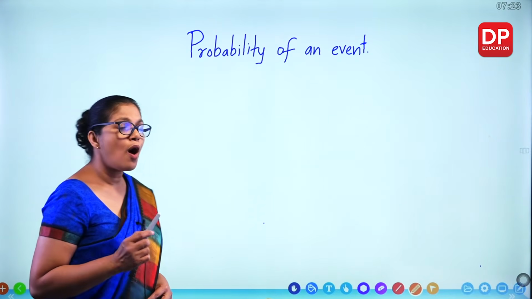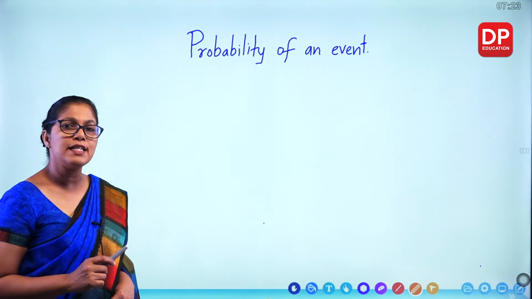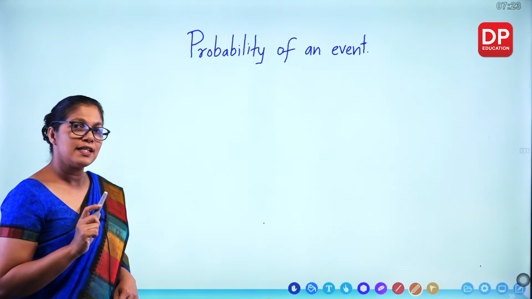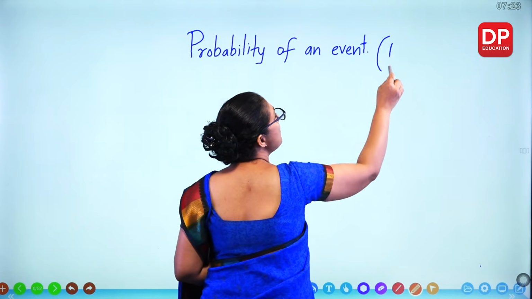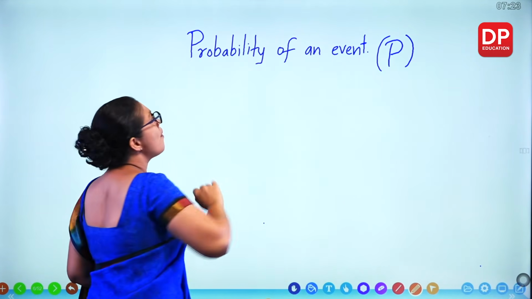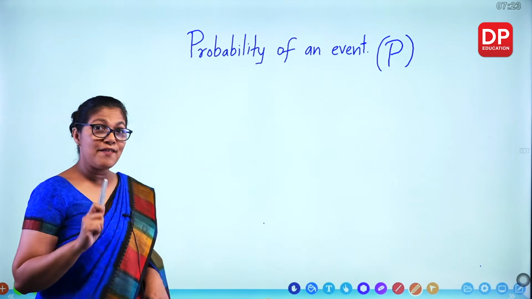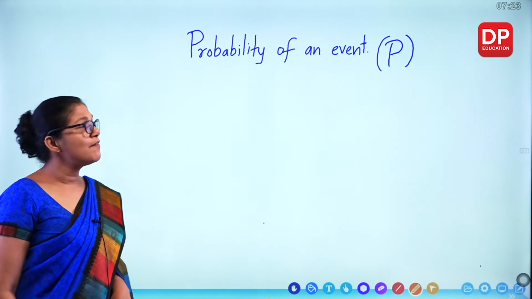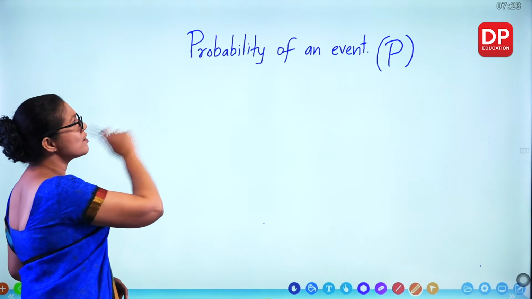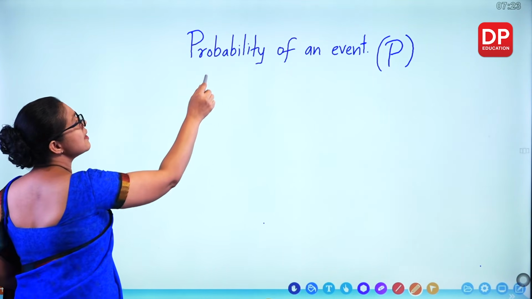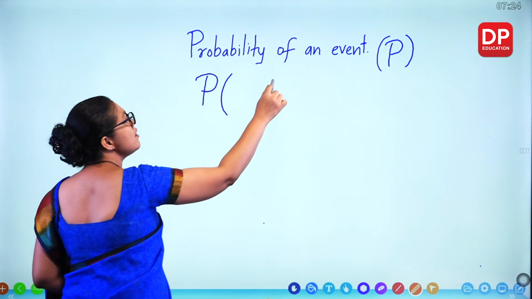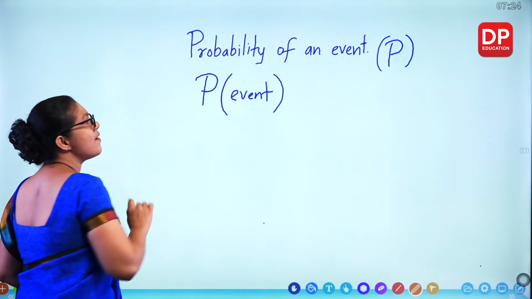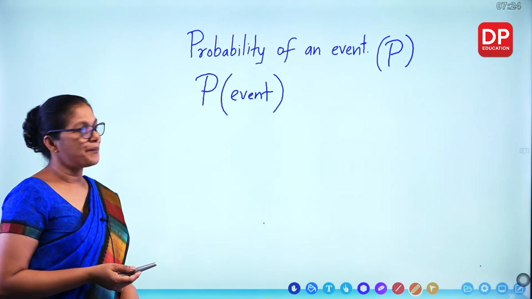Now we'll see how we can calculate the probability of an event. So what's the symbol we can use? We can take capital P for probability. In the previous lesson also we used the letter P. Can you remember, for perimeter we use capital P. Here also we use P for probability, but we take P and then use brackets to identify the event. This is how we write down the probability of an event.